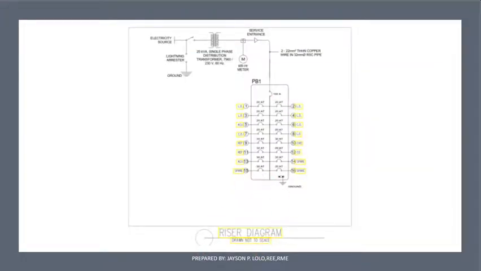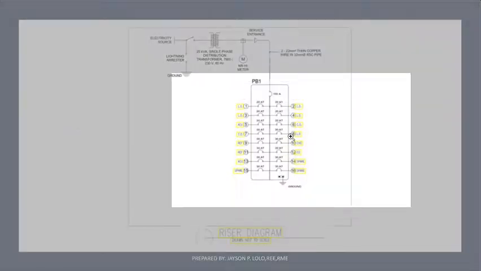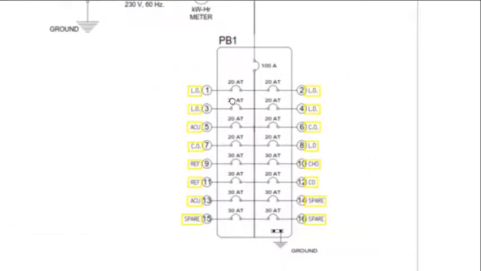The riser diagram will give you an outline of your circuit, and it may serve as your guide when you install the panel board. You will know that the left side is the odd and the right side is the even branch circuits. So circuit number 1 is lighting, circuit number 2 is lighting, and so forth.